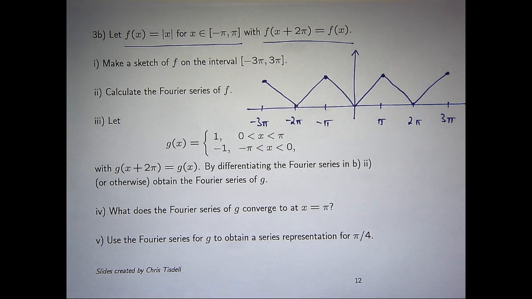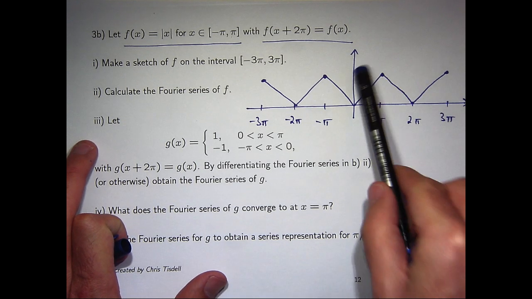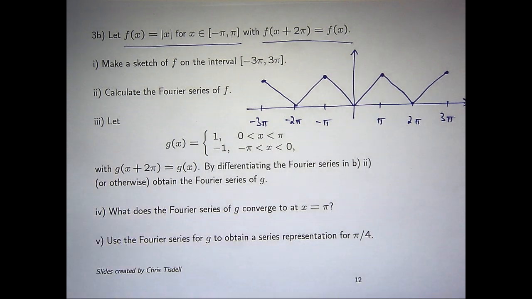If you look at the graph of f, it is clearly an even function. It is clearly an even function because you can see we have this reflection in the vertical axis.